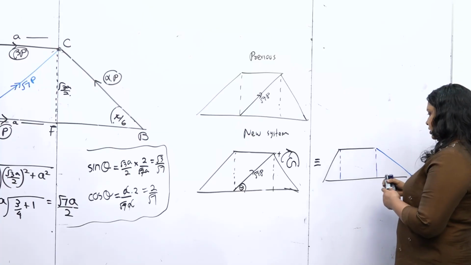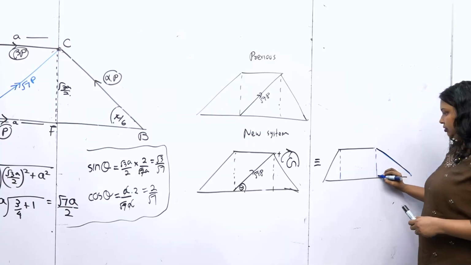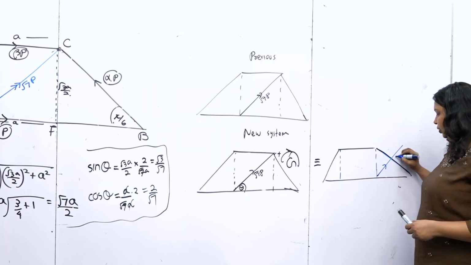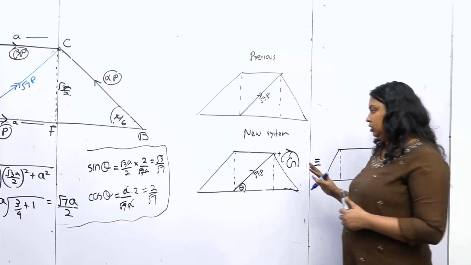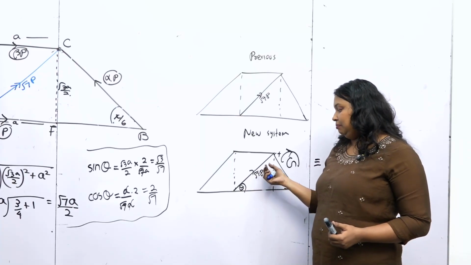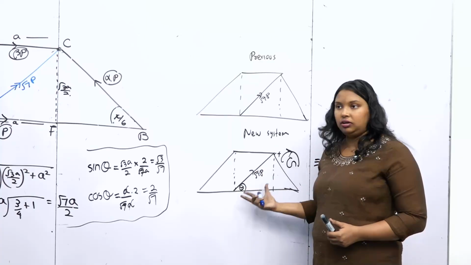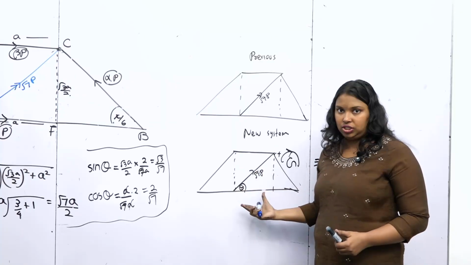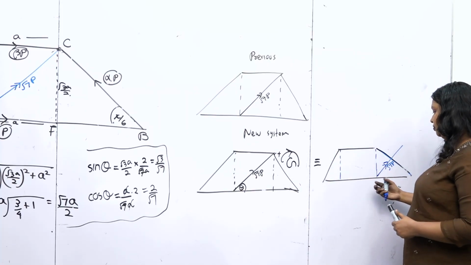Clear? So I told you that when you add a couple to a system, the magnitude of the resultant force and the direction of the previous force do not change, only the position. This will be shifted like this.